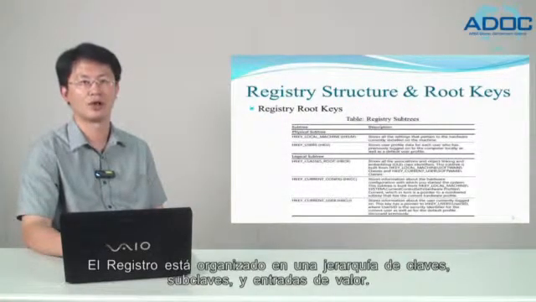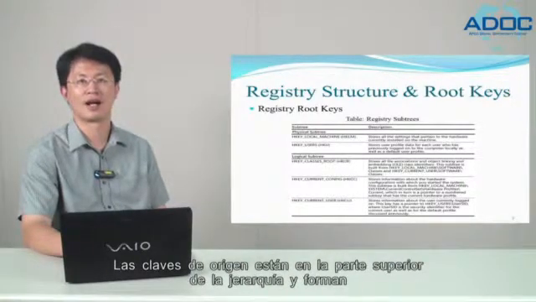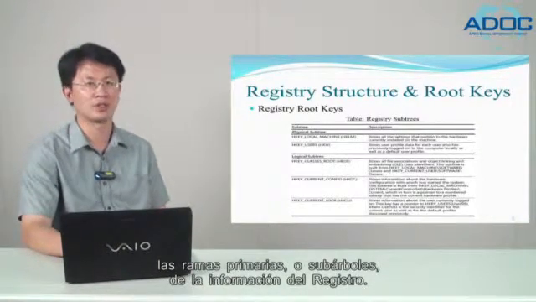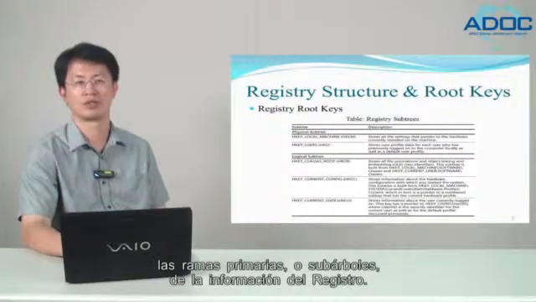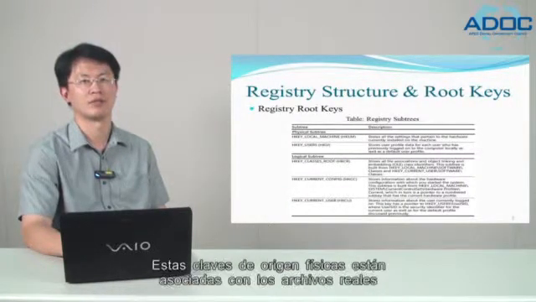And the registry is organized into a hierarchy of keys, subkeys, and value entries. The root keys are at the top of the hierarchy, and form the primary branches or subtrees of registry information. And there are two physical root keys, HKEY_LOCAL_MACHINE and HKEY_USERS.